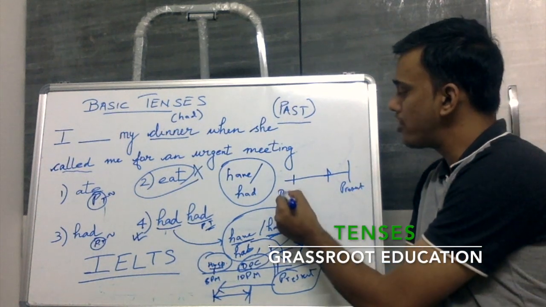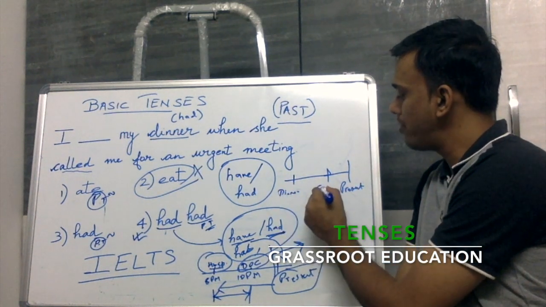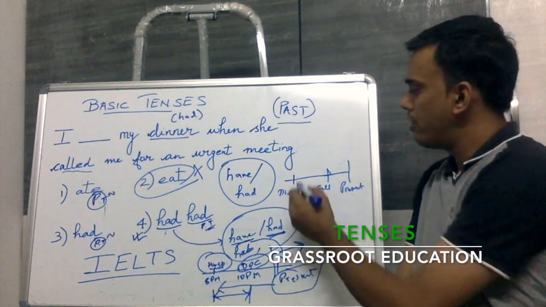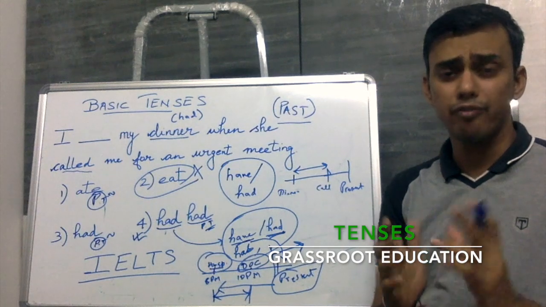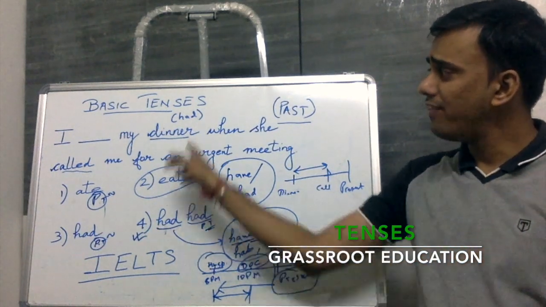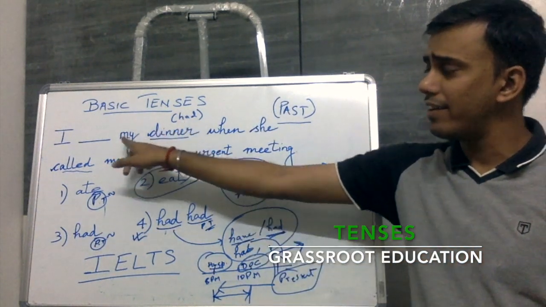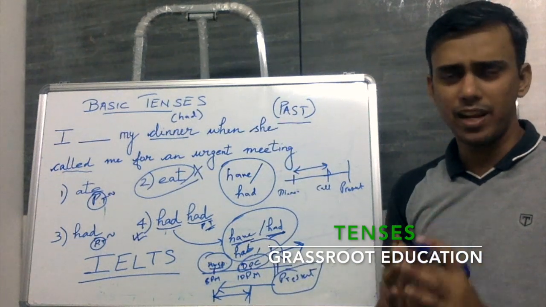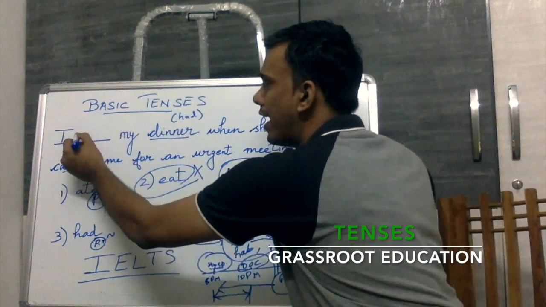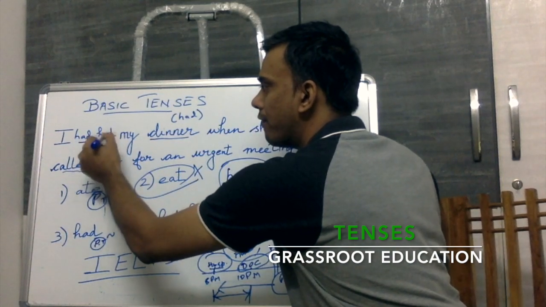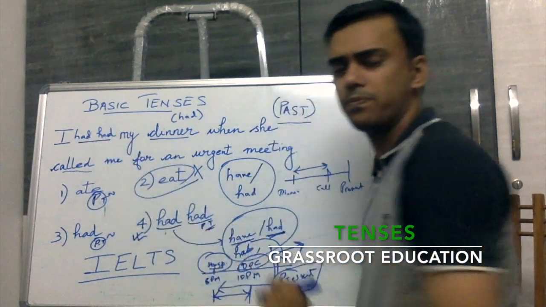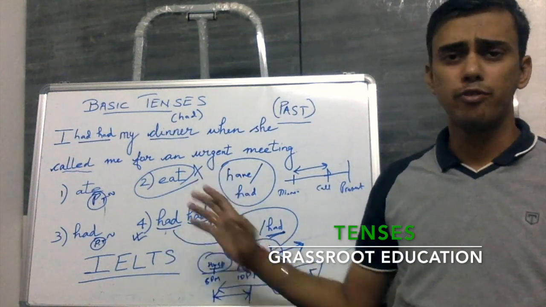So you have finished your dinner and she called you. To indicate this, you need a past perfect for which you need a had, and then you need another had to indicate that you're having dinner. That's why this blank is filled up with I had. Simple. That's why option 4 is correct.